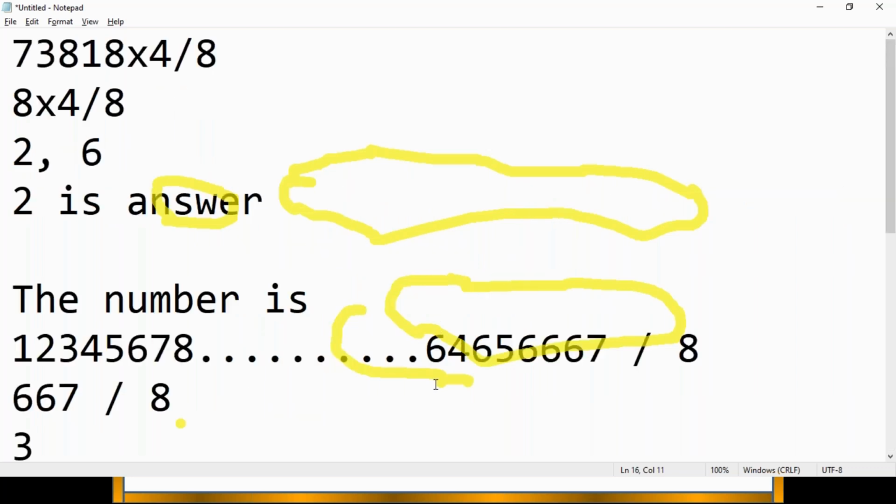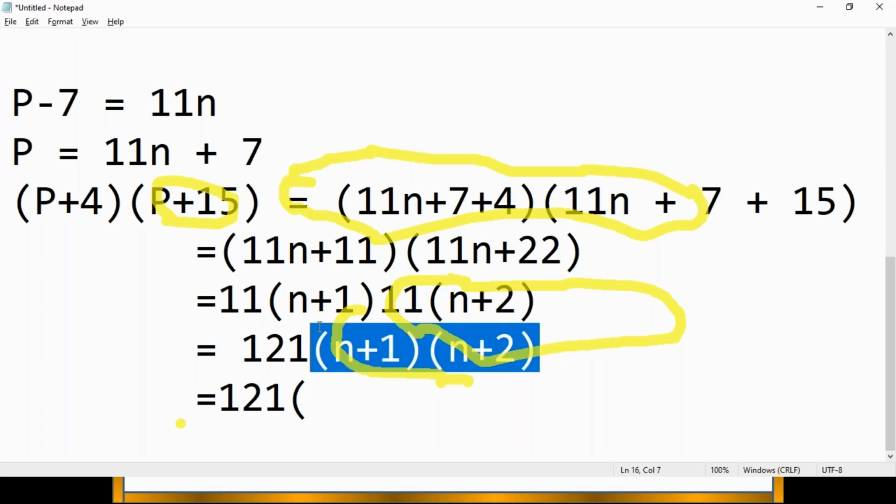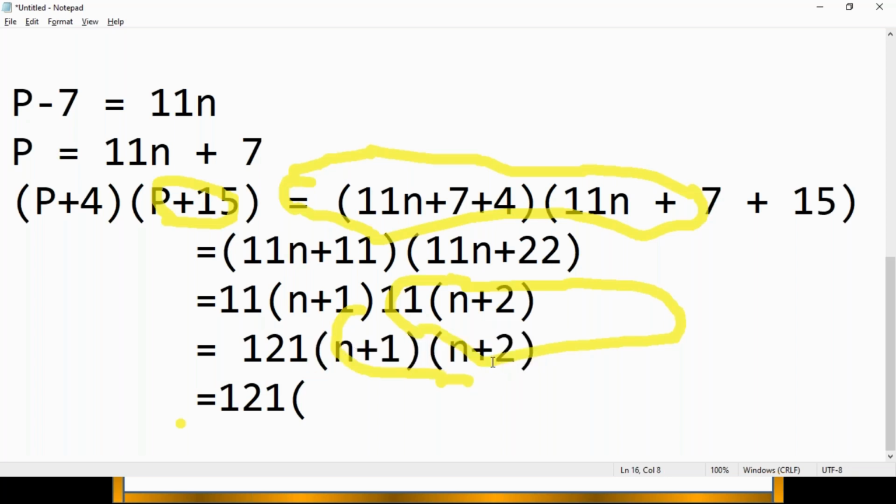If n is even, n plus 2 is an even number. So if n is even, n plus 1 is odd and n plus 2 is even. If n is odd, like 1, then 1 plus 1 is even and 1 plus 2 is odd. Compulsorily, this product is odd into even or even into odd.